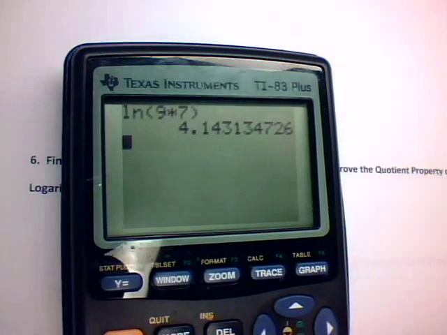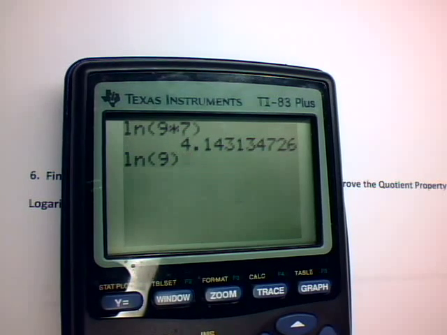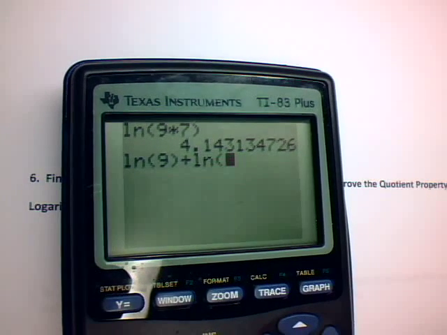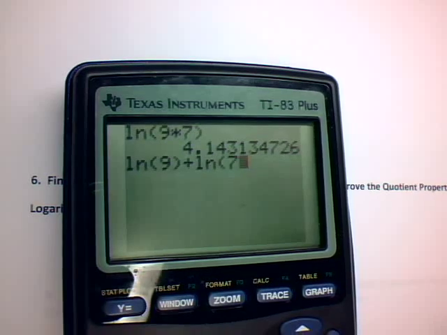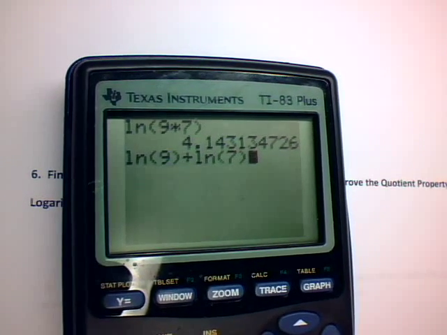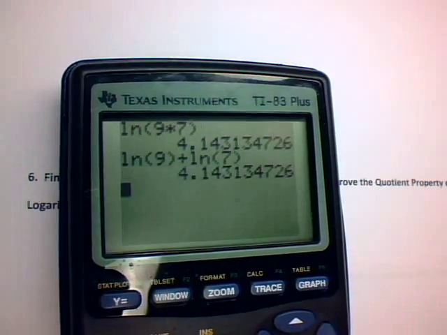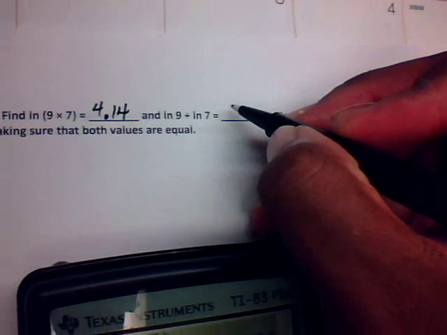So here, you press the ln key, then 9, close the parentheses, plus, then press the ln key, and then 7, close parentheses, and then hit enter. As you can see, it's also 4.14, rounded to two decimal places.